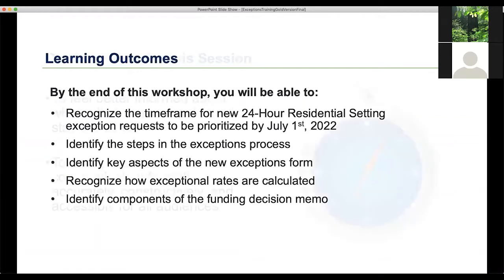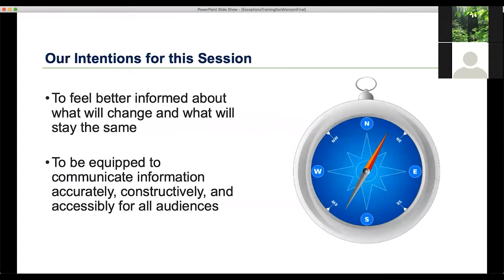All right. Moving on, we're going to talk about our intentions for this session. One is that we're hoping you'll feel better informed about what is going to change and what will stay the same. We talked about how the exceptions process itself is not going to be changing, but there's a new form that Rose is going to go through, and she will talk about those specific dates for exceptions requests that need to be in to prioritize for the July 1st date.